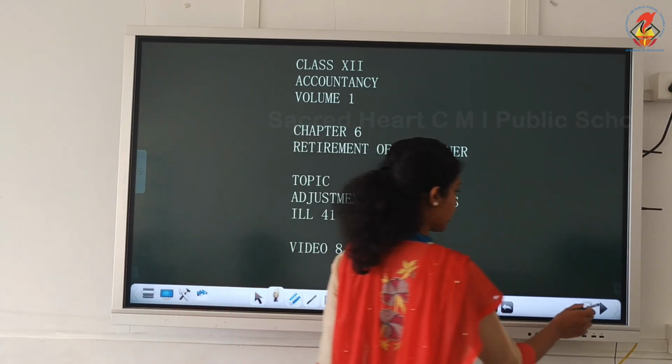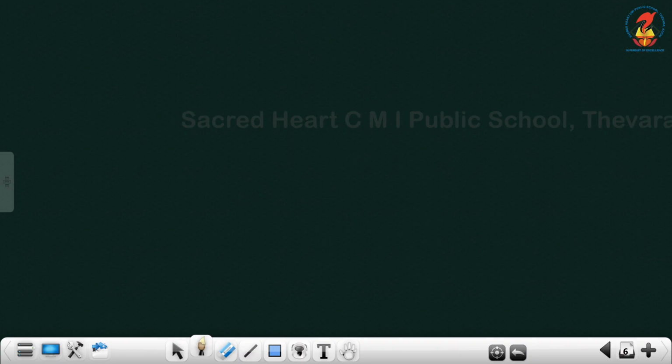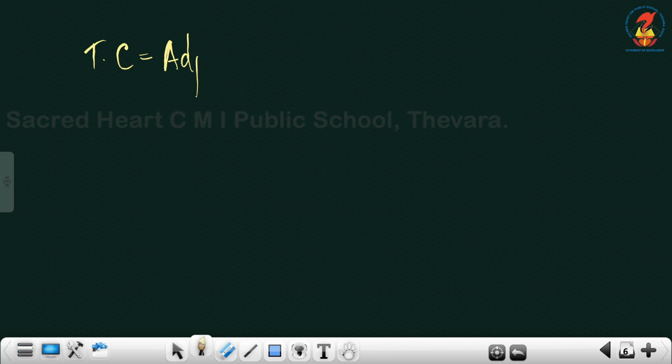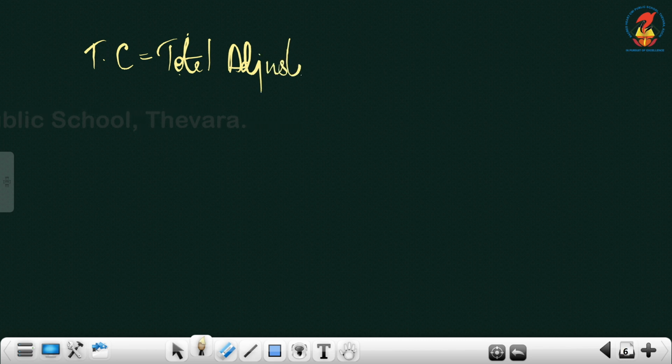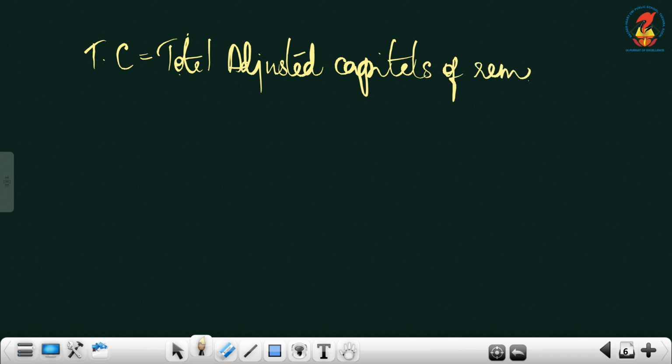So you write the formula for total capital. Somewhat it is similar to method number 4. So we'll write total adjusted capital, or aggregate of adjusted capitals.